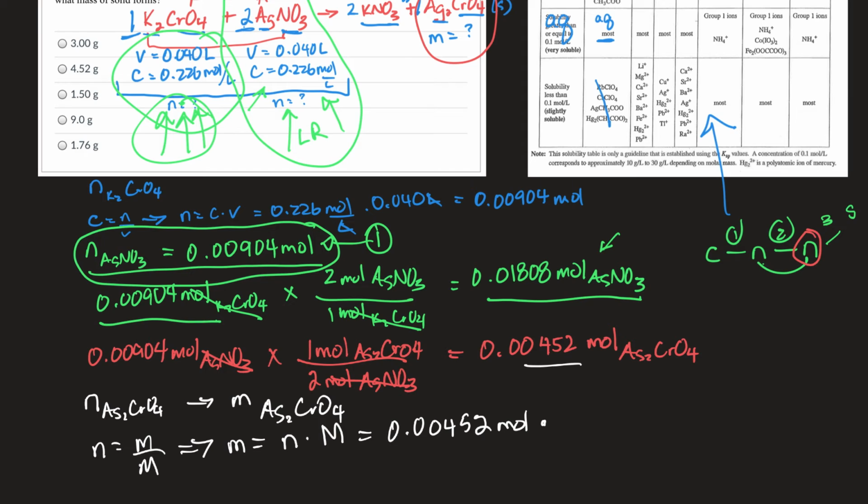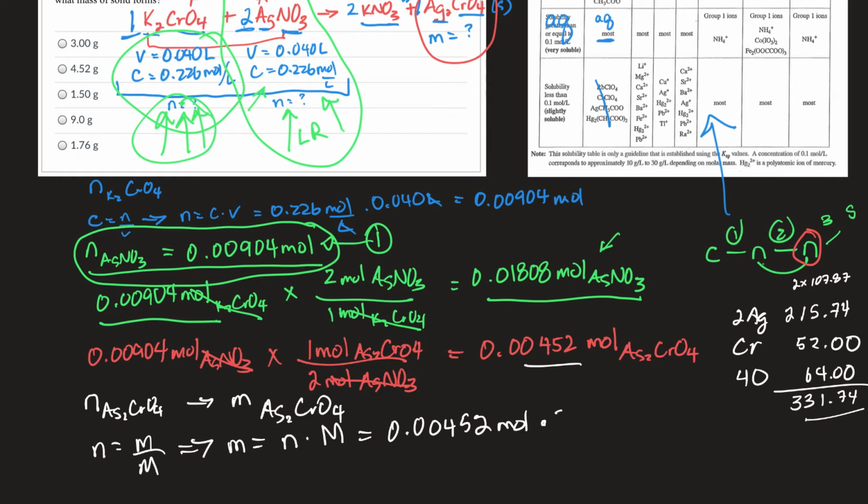Okay, so silver. I've got 2 silvers, and I have 1 chromate, and I have 4 oxygens. So the oxygen is 64 even. I'm going to have to look up the others just a sec. Okay, molar mass is this one, 331.74 grams per mole.